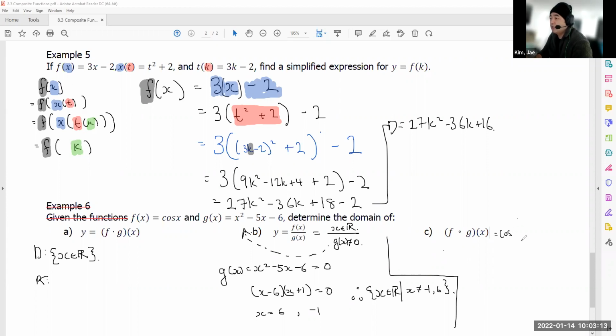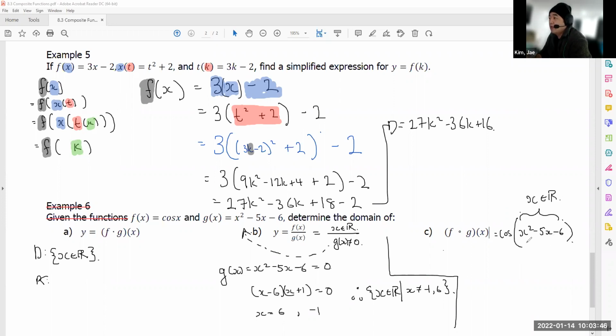This is cosine of a parabola. Oh, yeah, this one's a little bit funky. Actually, no, it's not. Is there a restriction inside the parabola? The answer is no.